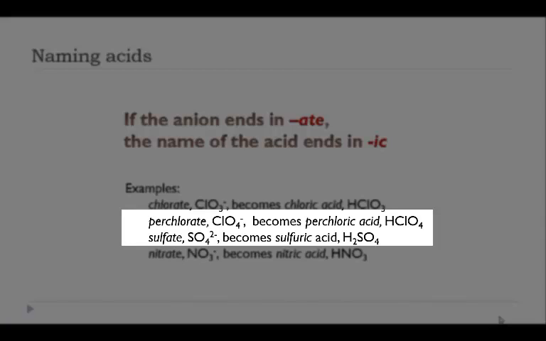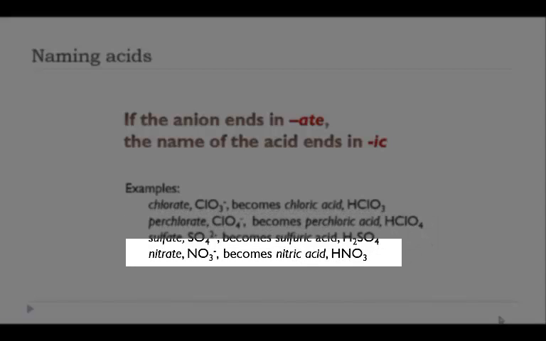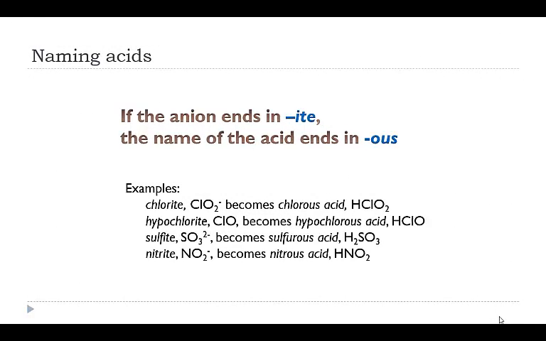By the way, if we only had 1 hydrogen on there, it would be HSO4-, and that would be hydrogen sulfate. Nitrate, NO3-, put a hydrogen on it. It's a neutral compound, and it becomes nitric acid. If the anion ends in ite, the name of the acid ends in OUS.